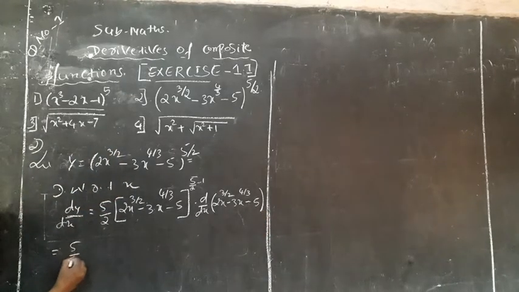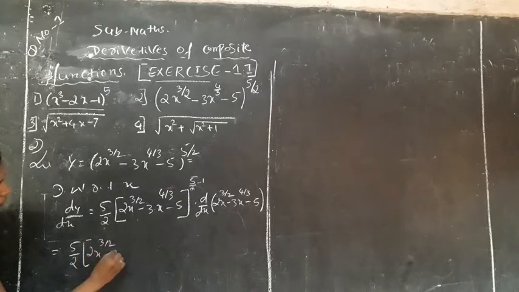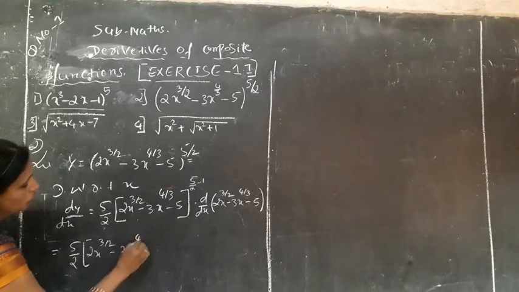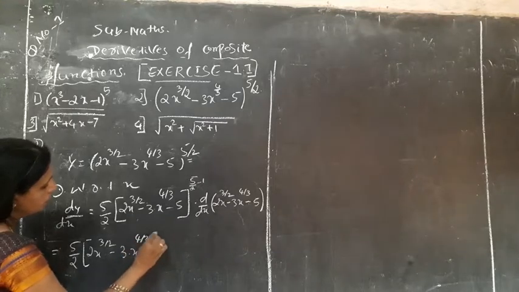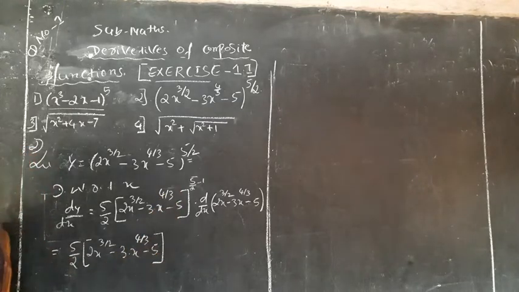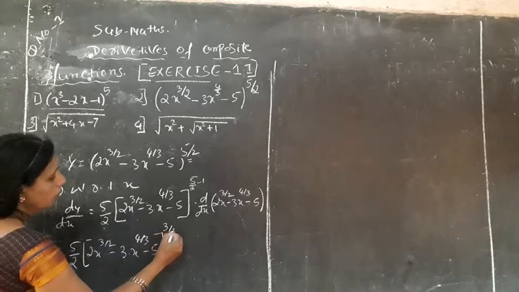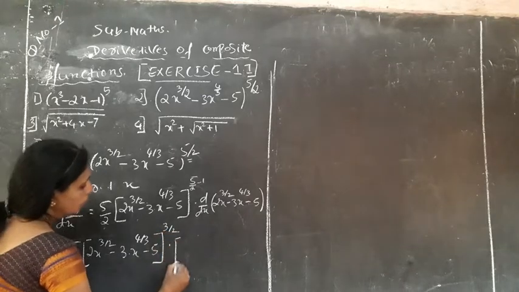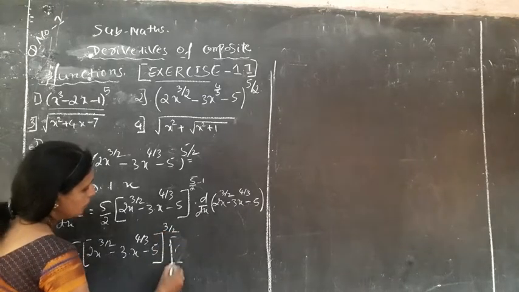This is equal to 5 upon 2, 2x raised to 3 upon 2 minus 3x raised to 4 upon 3 minus 5. 5 upon 2 minus 1 gives 3 upon 2, into differentiation of the next term.